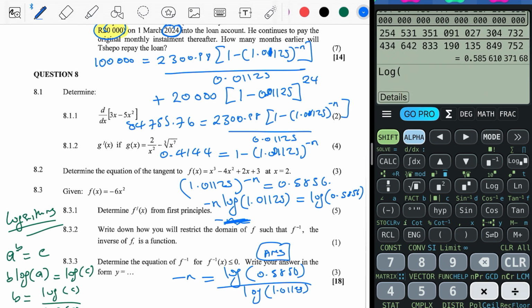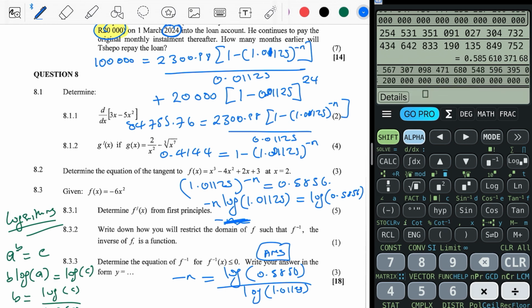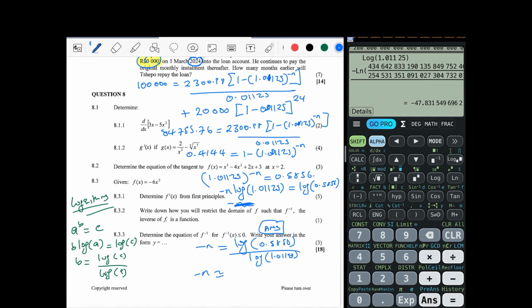So you're gonna say log your answer divided by log 1.01125. And this is equal to almost minus 47.83. So basically this and this will cancel. So your n is equal to 47.83.